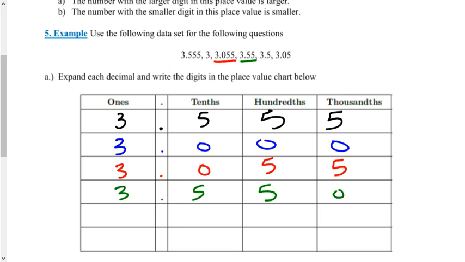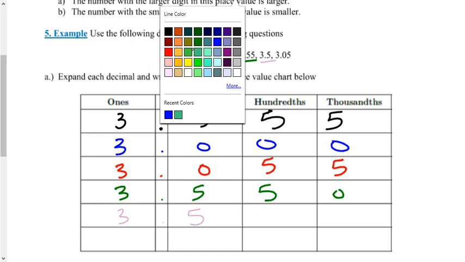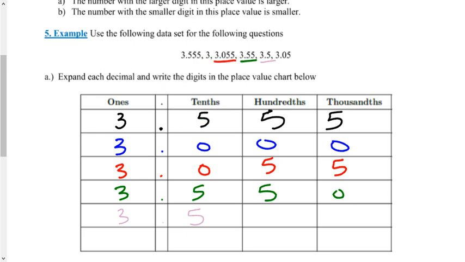Okay. And then we've got this one right here, this 3.5, so this will be 3.5. And then let's do another one about a nice yellow. Probably won't be able to see it much, but we'll figure it out. And so this will be 3.050. Sorry, can't really see that very well.